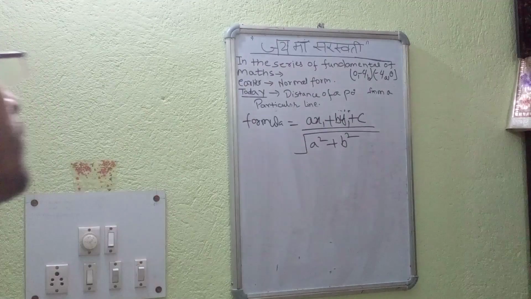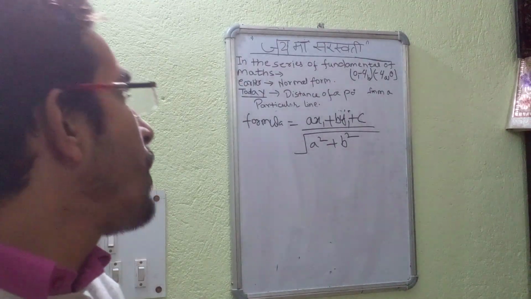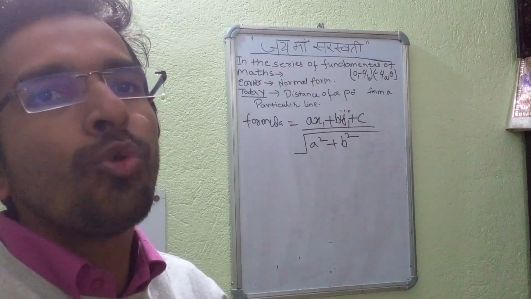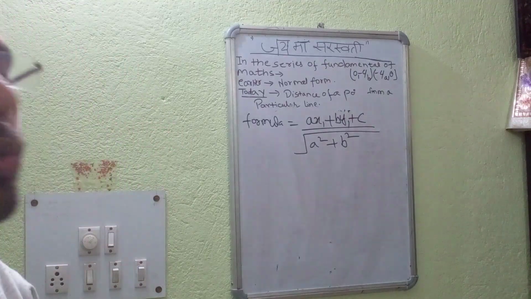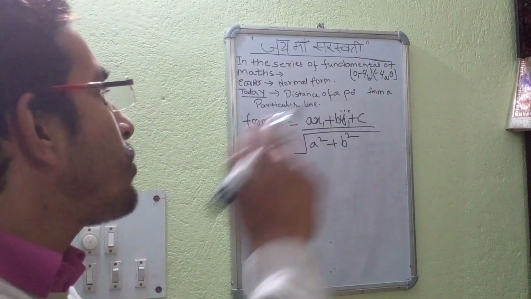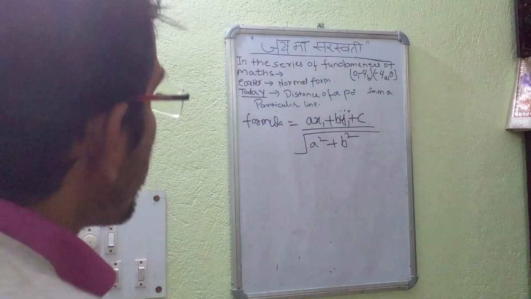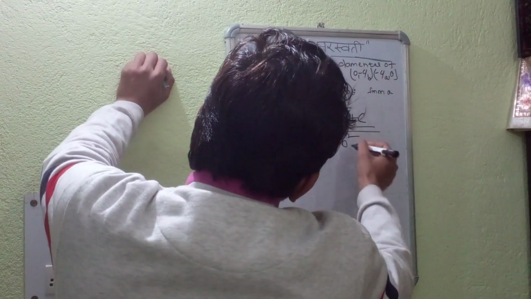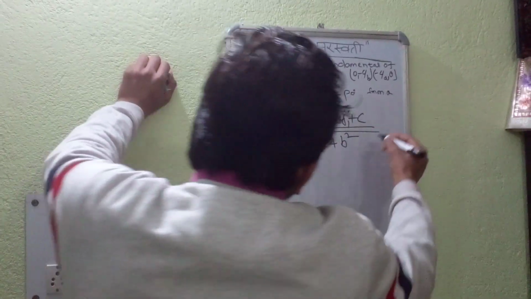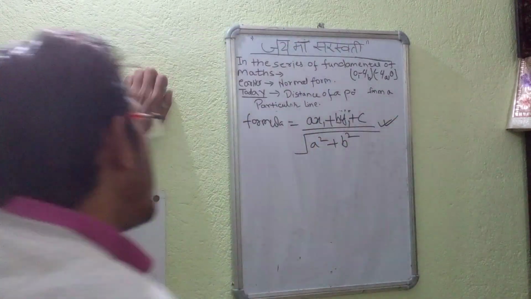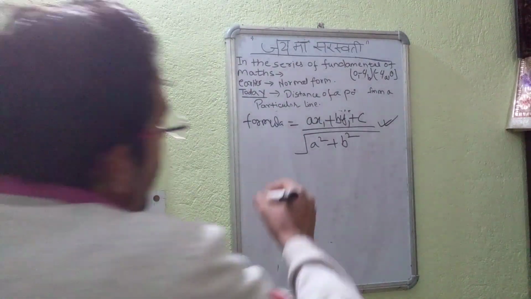This is the distance of a point from the particular line, where x1, y1 is the point from where we want to calculate the distance to this line. So this is the particular formula, |ax1 plus by1 plus c| by under root of a square plus b square. So this is the formula for the distance from the point x1, y1.